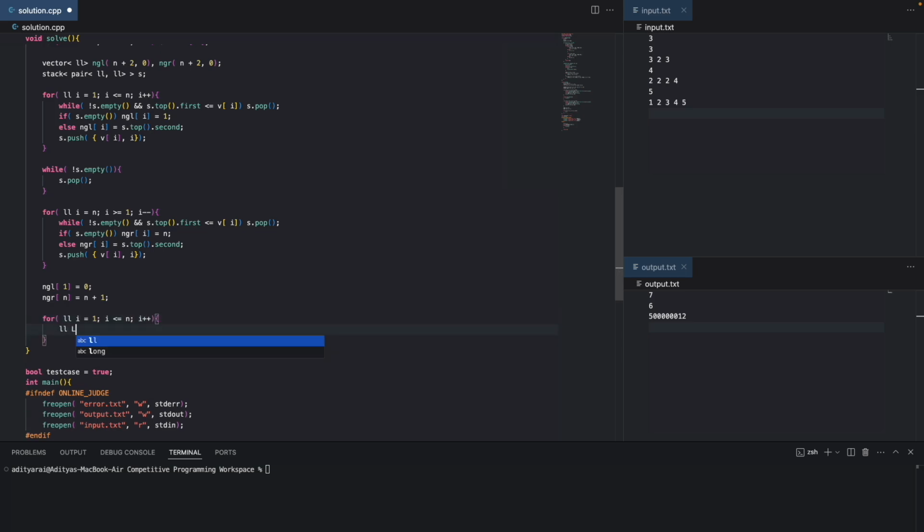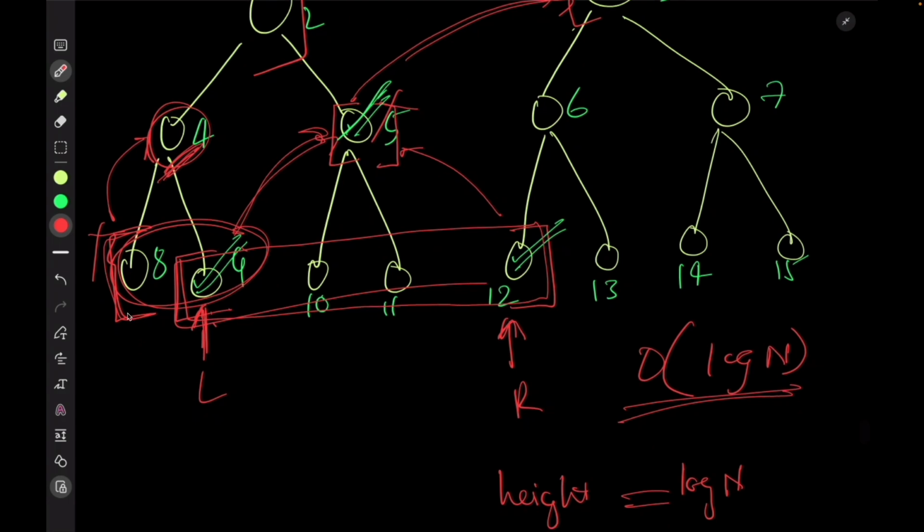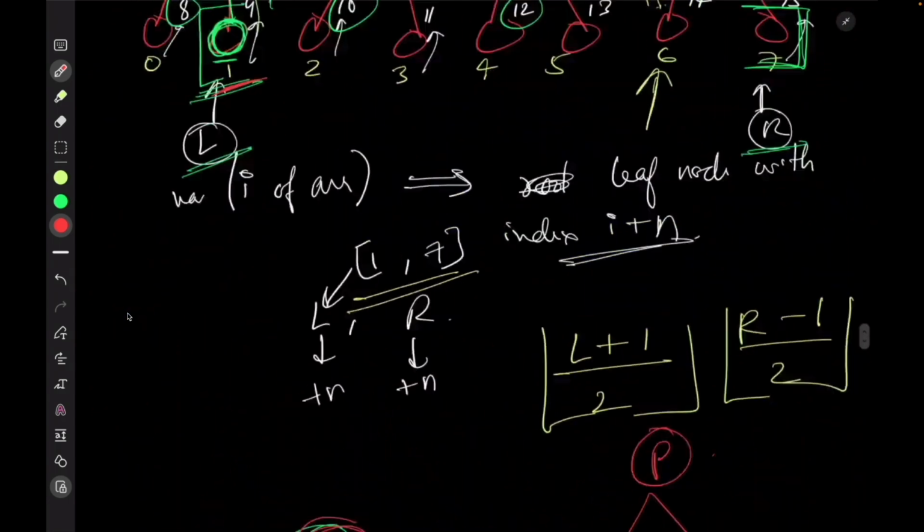We will find, let it be A, the minimum element in the range NGL of i to i minus 1.